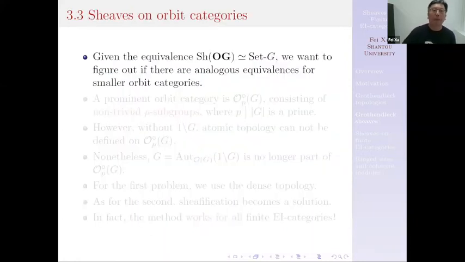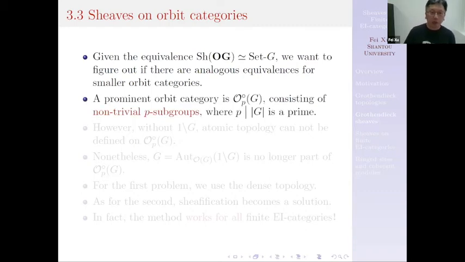Now, we go back to Artin's equivalence. We want to figure out if there are analogous equivalences for small orbit categories, as we said earlier. A prominent orbit category, of course, is the orbit category of non-trivial p-subgroups.